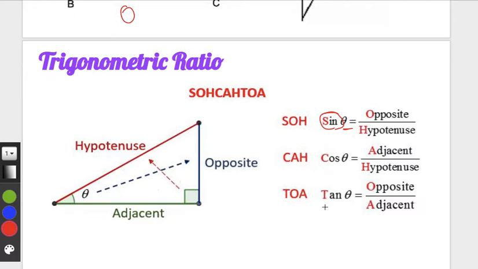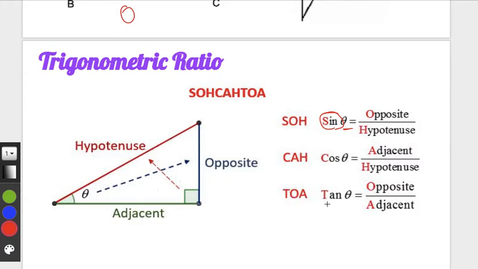And the last one, do not call this tan, it's tangent. The full name is actually tangent. Tangent is opposite over adjacent, which is O over A. So that's why we simply write TOA to remind you of this definition.